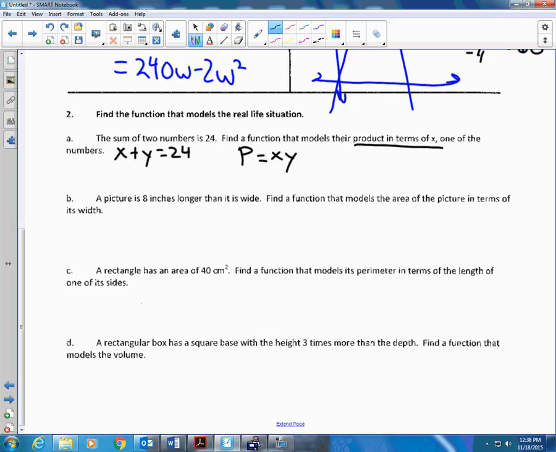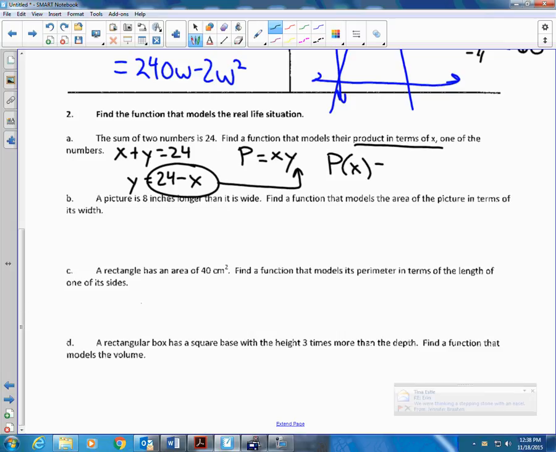We want one that has one variable, namely x. So what I do is I subtract x. I get y is equal to 24 minus x. I'm going to take that and substitute it in for y. And I get the product in terms of x is equal to x times 24 minus x.